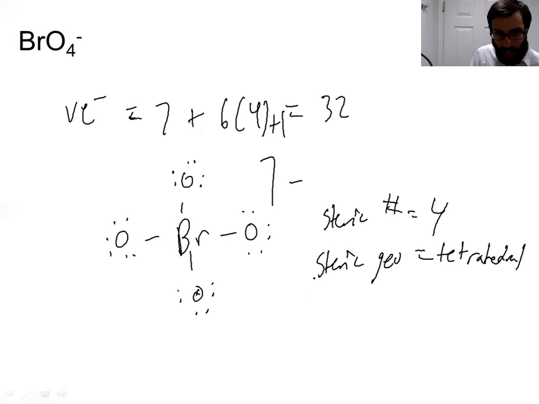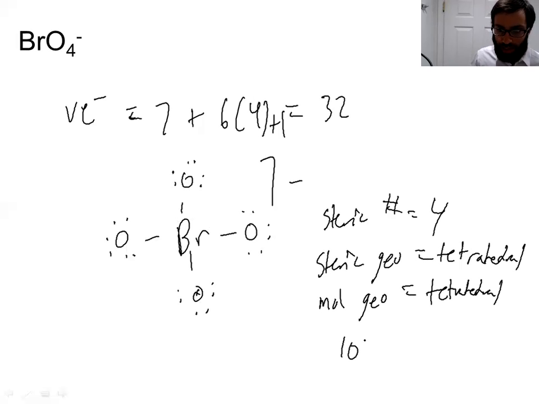There's no lone pairs on the central atom, so we're not removing any vertices from the tetrahedron. So it's going to also be tetrahedral for the molecular geometry. That's the shape, okay? And then the bond angle is going to be the idealized bond angle, again, because there's no lone pairs on the central atom, so it's 109.5, okay?